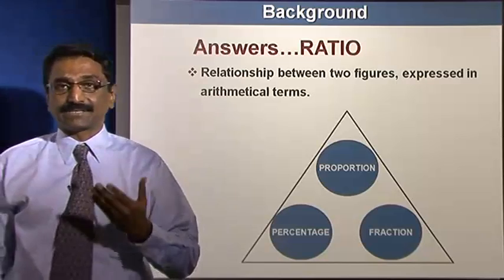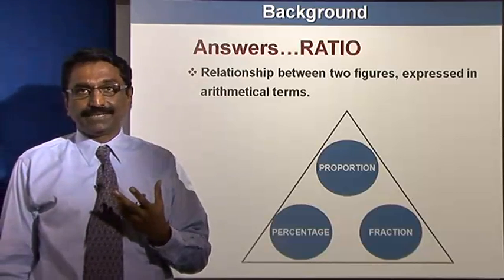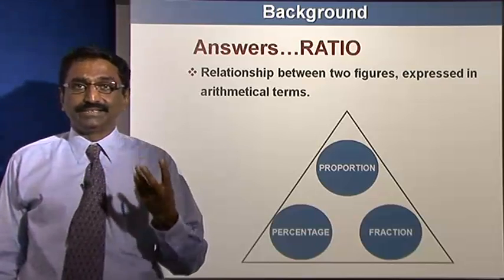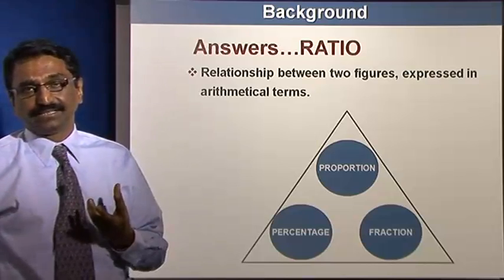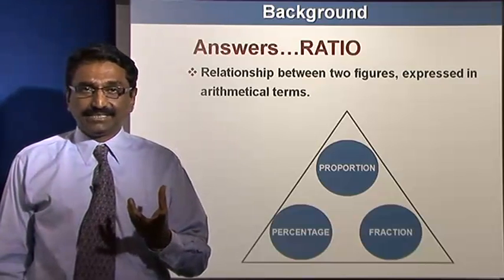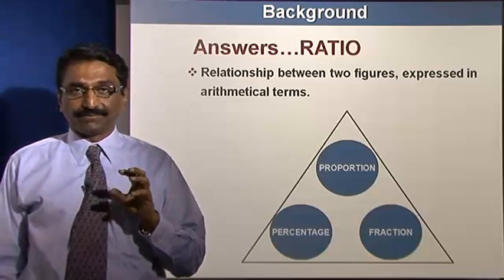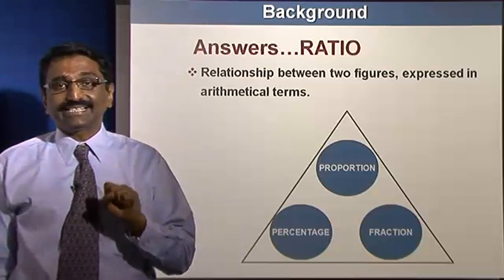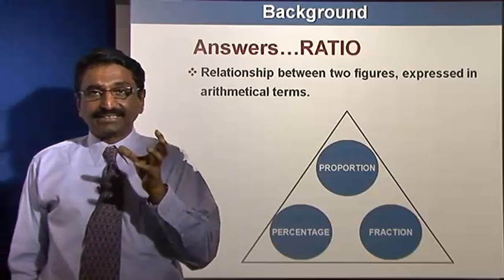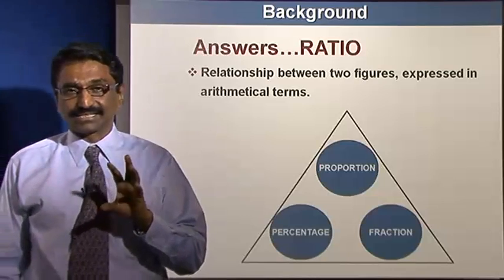A third way to look at it would be to ask how many girls there are in the total number of students in the class. There are 15 girls, and the total number of students is 45, so 15 by 45, or 1/3 of the total, is girls. Similarly, 30 by 45, which is 2/3 of the class, is boys.